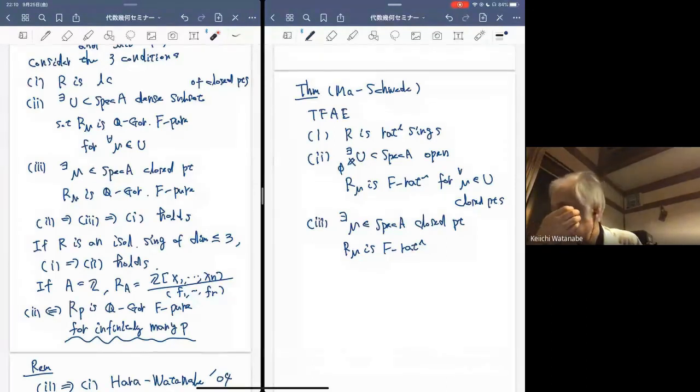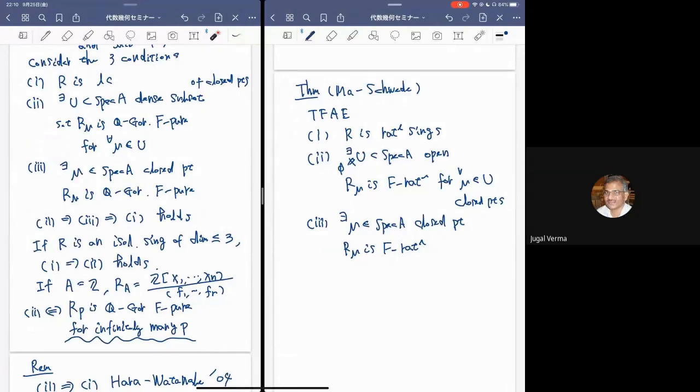Maybe for me the starting point is Fedder's paper. Fedder discussed the relationship between F-purity and rational singularity, and I think that paper gives some hint to geometers, I guess.